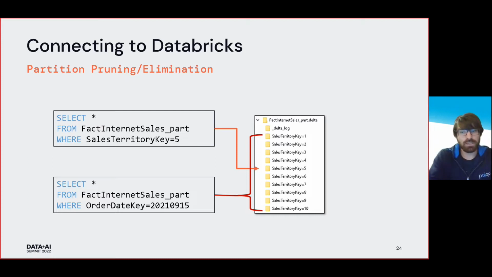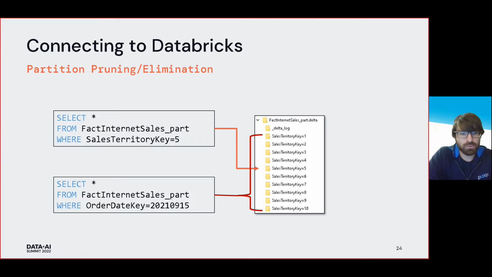It's very easy for the engine to retrieve all the data that needs to be accessed to answer the query, because it can just go into the sales territory key equals 5 folder and take all the data and parquet files from there. All the other ones, it already knows upfront that they are not relevant for the query.